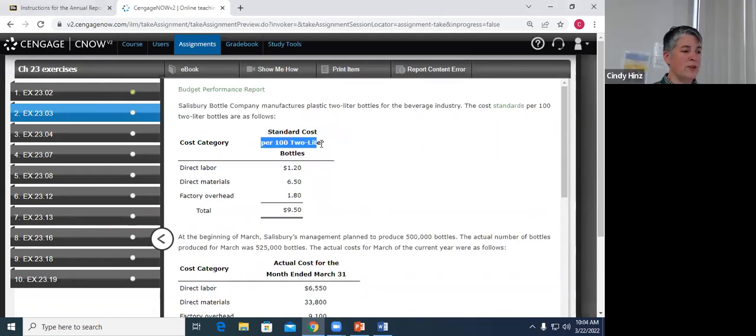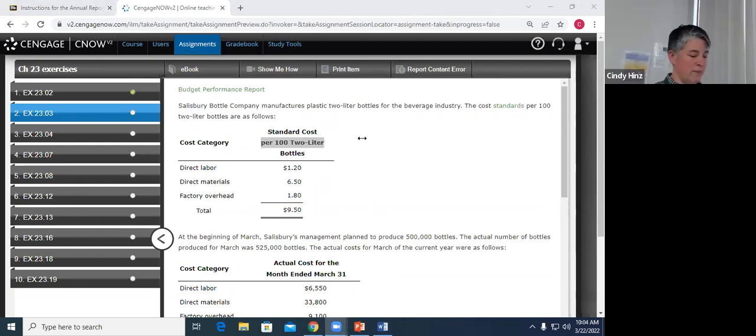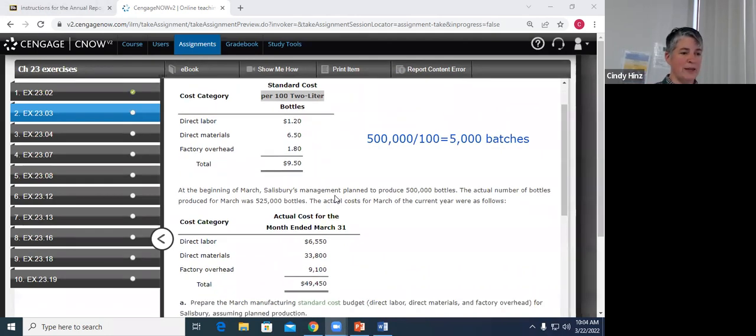So these standard costs were for 100 bottles. So if we produce 500,000 bottles, and there are 100 bottles in a batch, that's 5,000 batches, right? And so I took the 5,000 batches that we expected to produce and multiplied by each one of these standards.